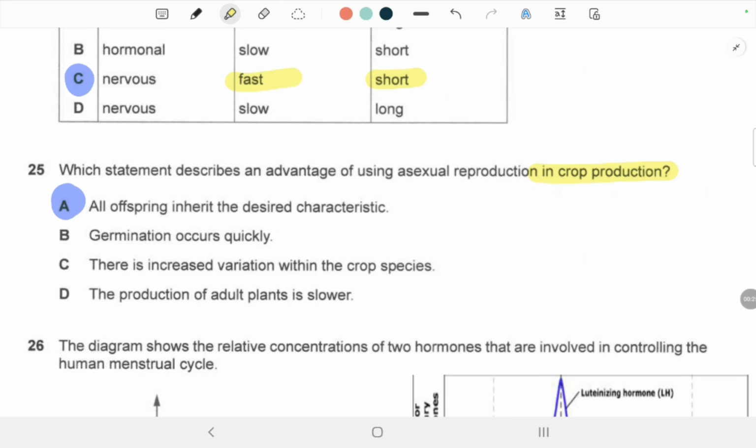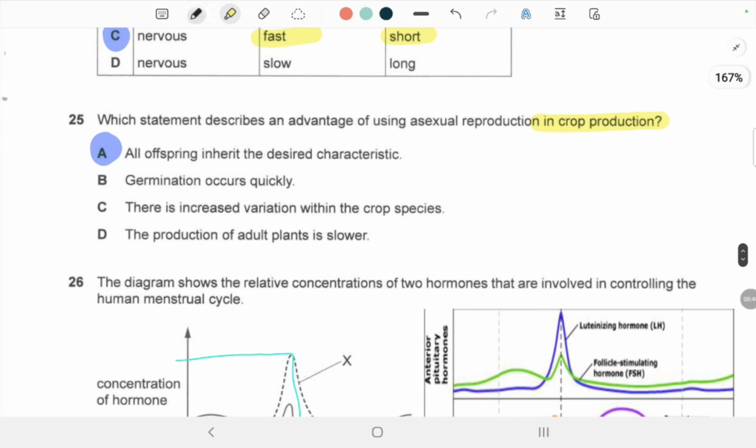For example, if I want my crop to produce strawberries with a red and yellow tone of color, I don't want any variation. I want all of the strawberry plants to produce red fruits, without any other variation. So letter A is the right option.